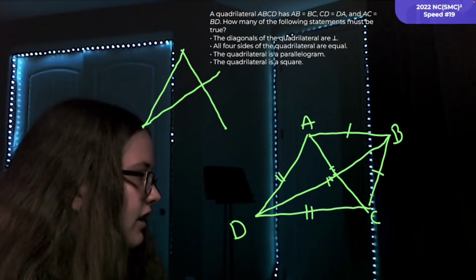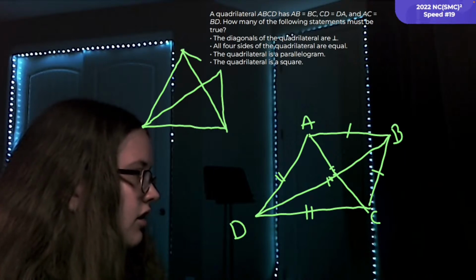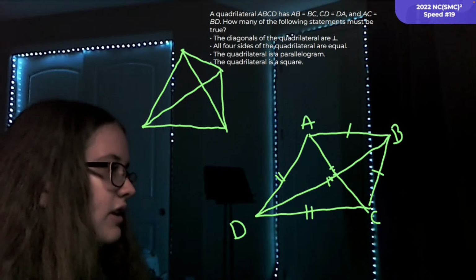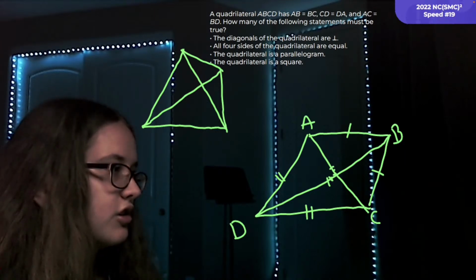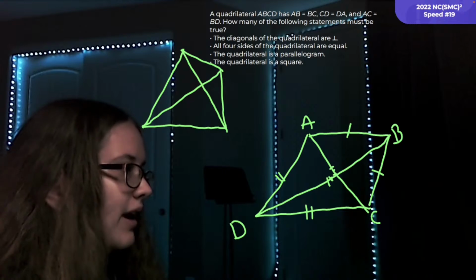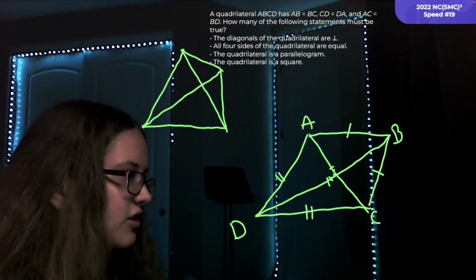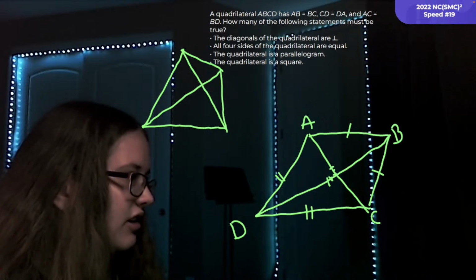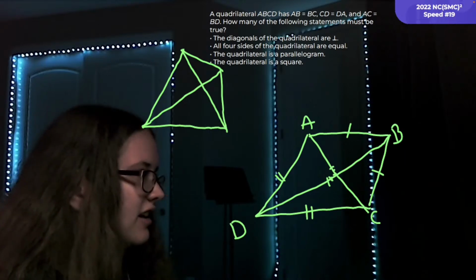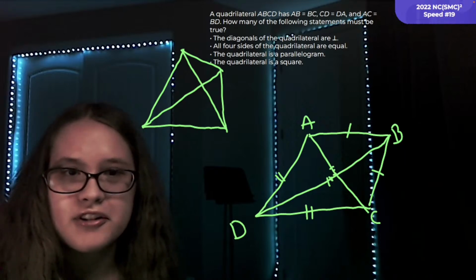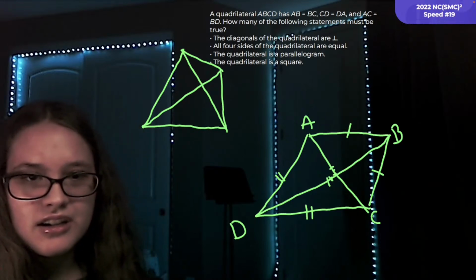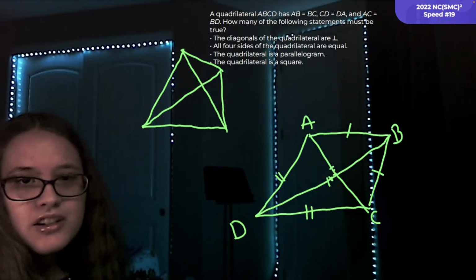And that will give this, both of these equal. Now, since this is a kite, we do have the diagonals perpendicular to each other, but I don't think we necessarily have that the four sides are equal, the quadrilateral is a parallelogram, or that it is a square. I think it's just the first statement. Unless I'm missing something. Aiden, what do you think?